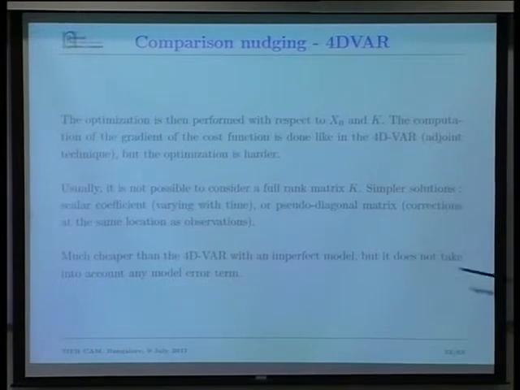So the matrix could have nearly several millions of billions of coefficients. And if you want to minimize J, you have to identify all these coefficients.